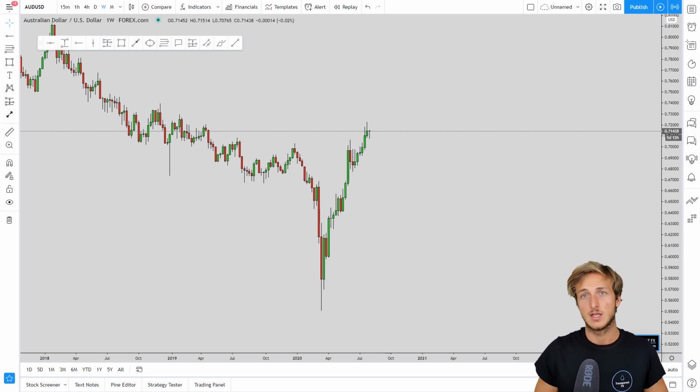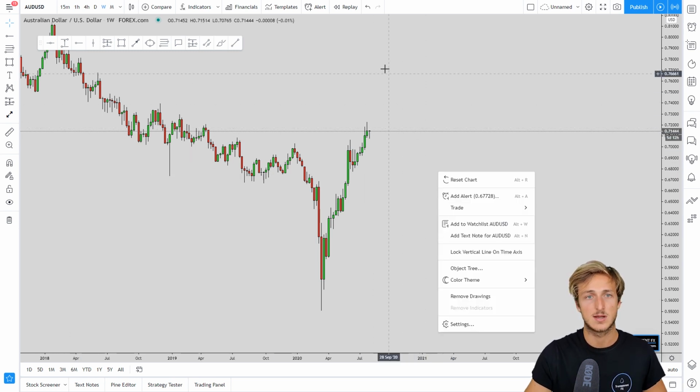Now, the first thing that you have to understand about correlation is how do you actually know if two pairs are correlated or not? Well, to know if a pair is correlated with another or not, there are two main ways to go about this. Number one, if you have two pairs that have the same currency inside of them, then probably they will be correlated.